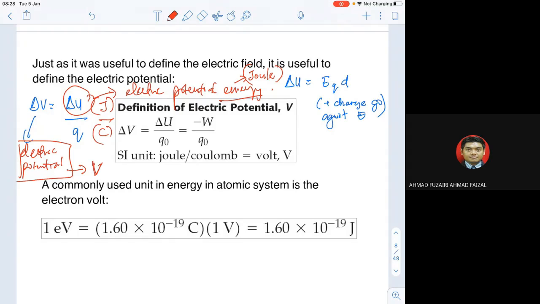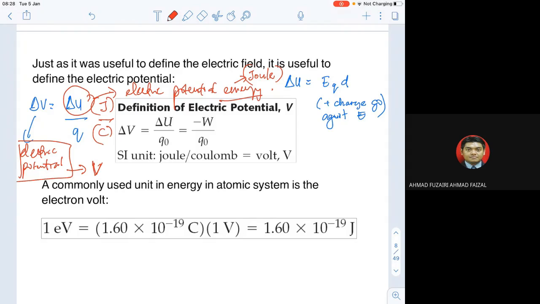A commonly used unit of energy in the atomic system is the electron volt. Normally the atomic level is really small compared to the one that we live in now, so at the atomic level, which we cannot see, things are very discrete, and we normally use the energy in the unit of electron volt.